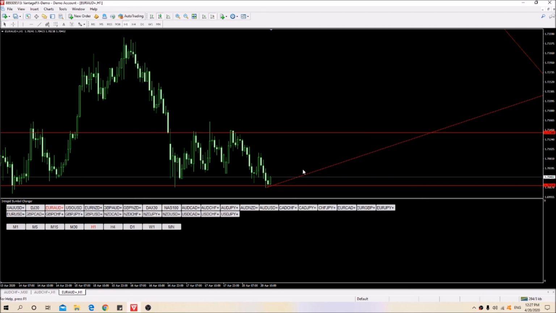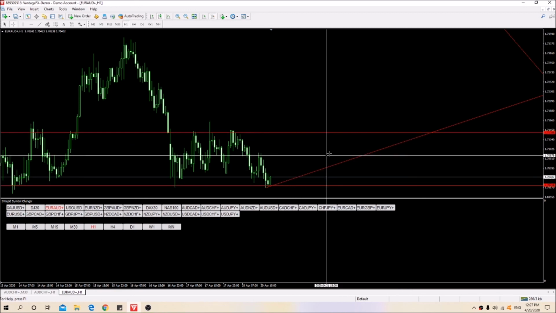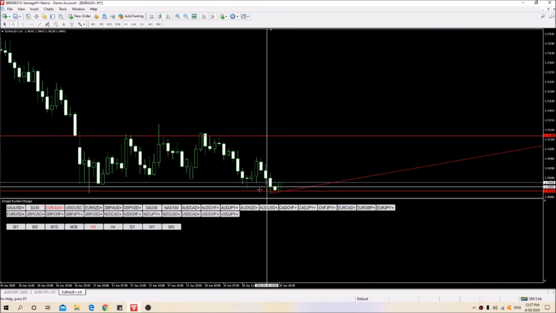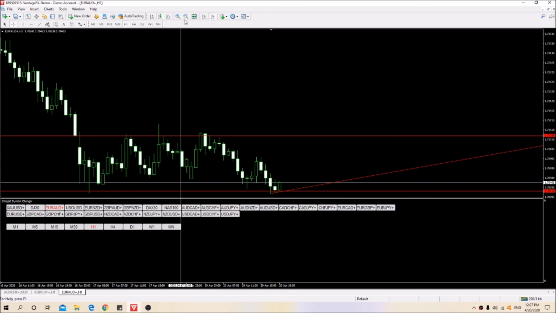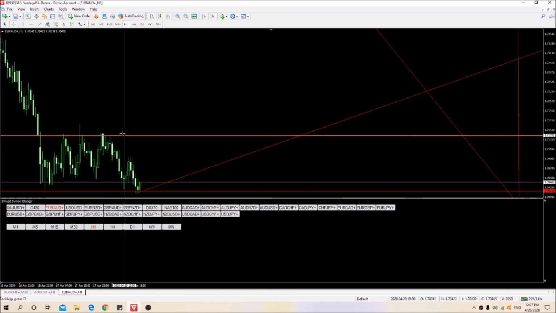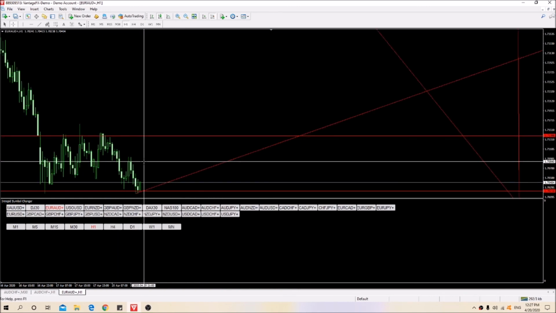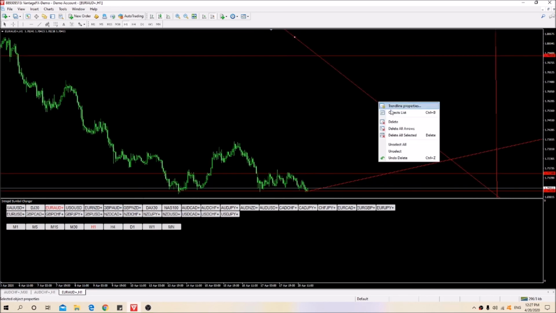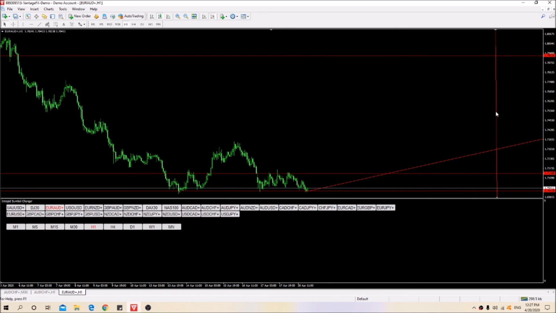Today is April 20th. It's 12:27 p.m. and we are currently on Euro AUD on the 1-hour chart. As you can see here, we have two touches. We also have a nice support right here. So we're going to go long on Euro AUD. The take profit is going to be the next resistance, and our stop loss will be, I don't know what these lines are doing before. Just get rid of those.